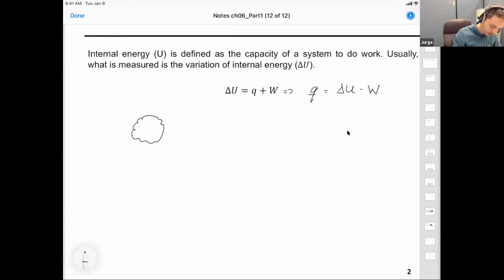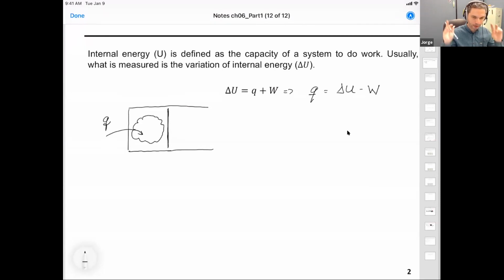Imagine that we have a gas trapped in a compartment, and one of the walls can move to the left or to the right. Q is going to be the amount of energy provided to the gas from the surroundings. So imagine that we give energy to this gas in the form of heat.